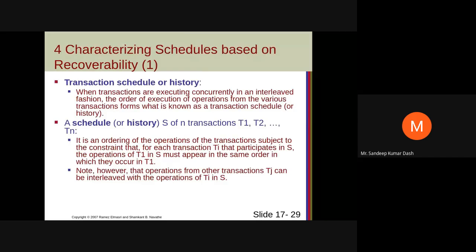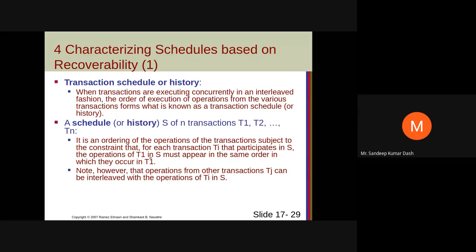Yeah. So you see the definition. It is an ordering of the operations. Operations means one line. Those lines, like read_item(X) or X = X - N, are each one operation. It is an ordering of operations of transactions, subject to the constraint that for each transaction Ti, maybe T1, T2, T3, that participates in S, the schedule name being S, the operations of Ti must appear in the same order in which they occur in Ti. Got it?